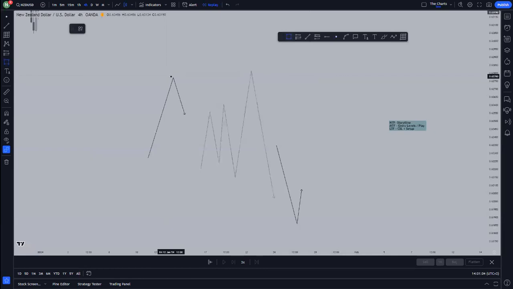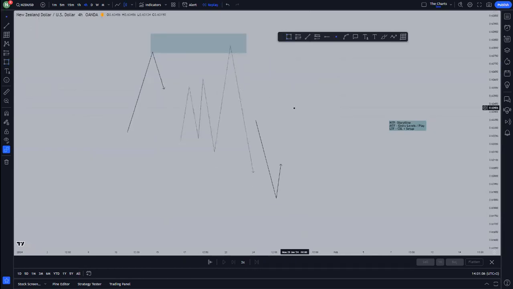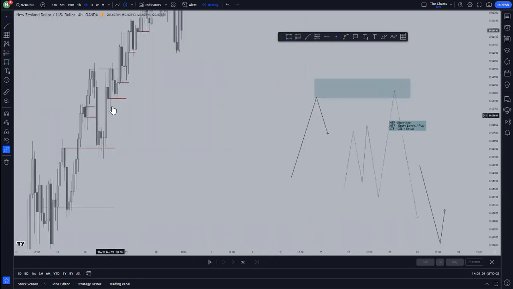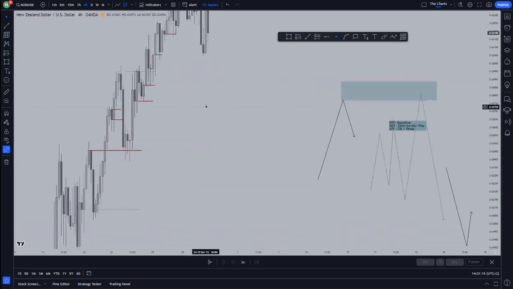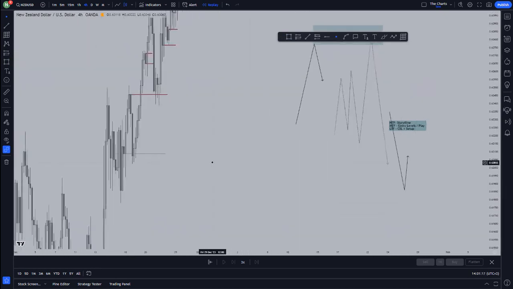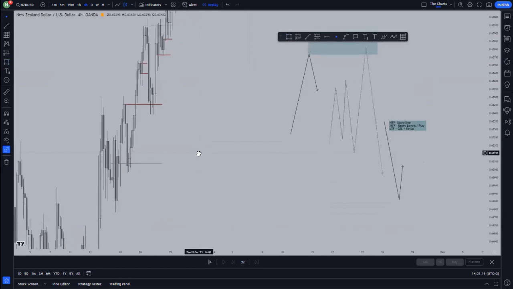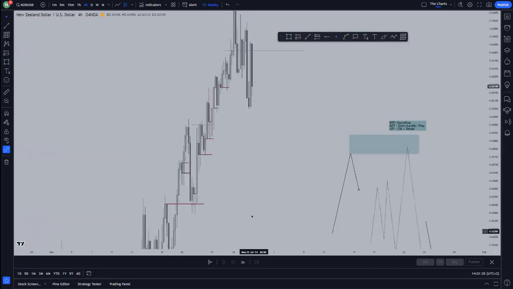This one is going to give you some good high probability setup, because sometimes it's going to be hard for you to even catch a level like this. But if you do understand and spend a lot of time in the market and so forth, you would identify and notice that these levels are going to give you some good reactions.